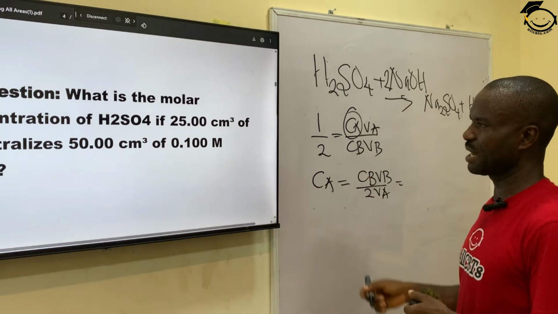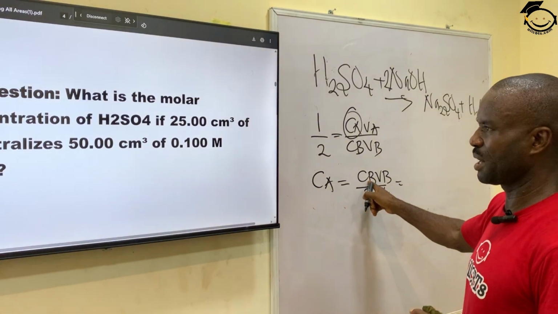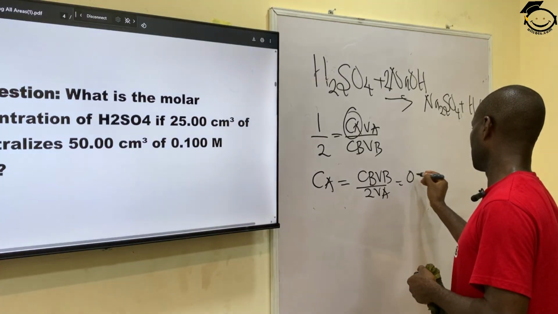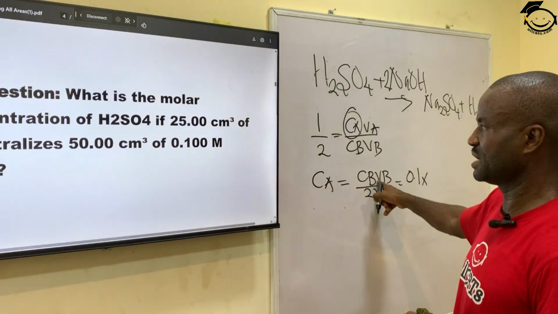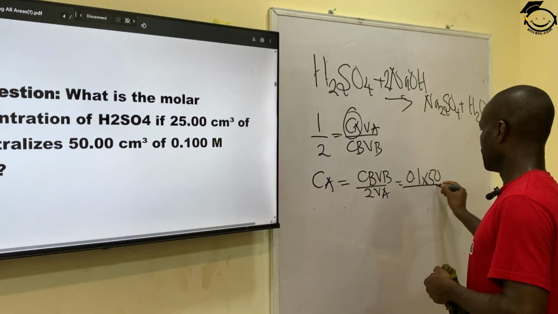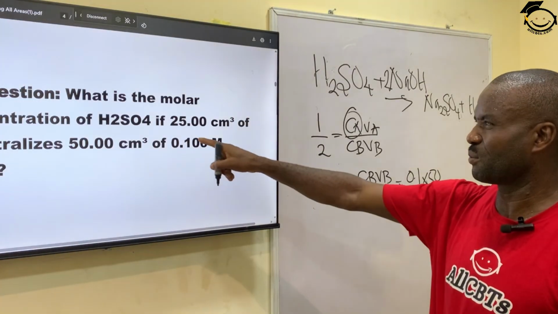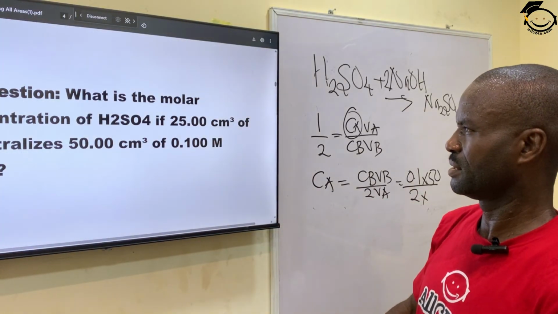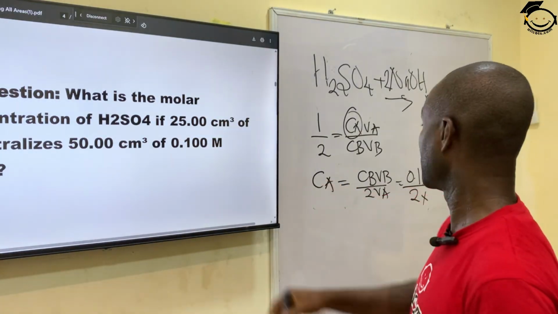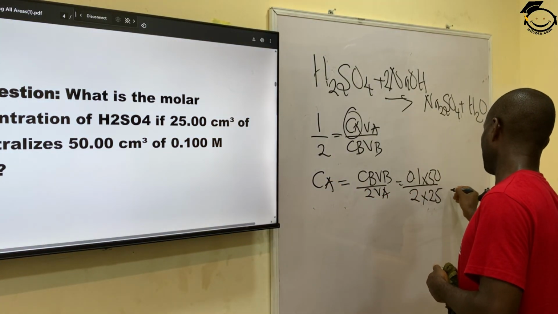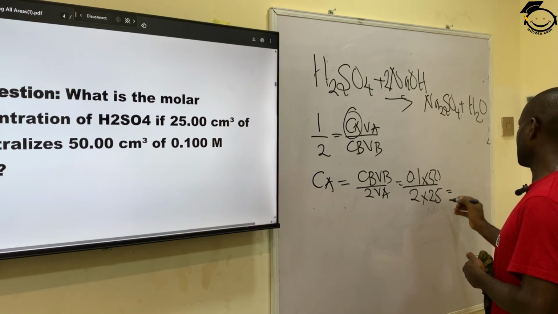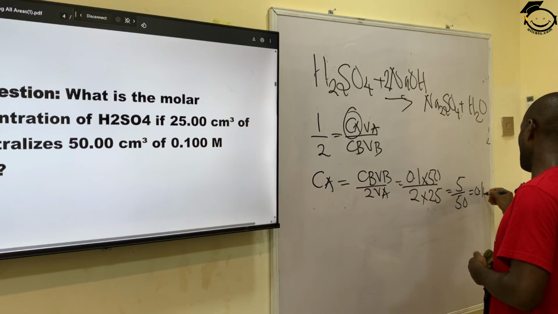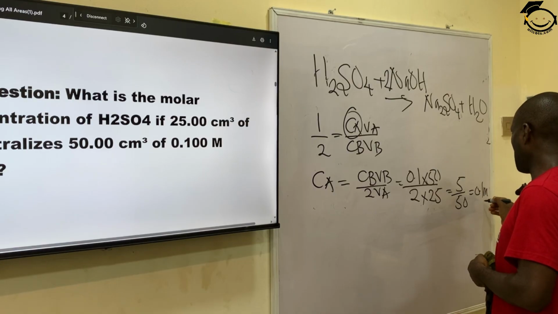So in this case, by the time we do substitution, Cb is the concentration of the base, which is 0.1, times the volume of the base, which is 50, over 2 times the volume of the acid, which is being given, 25. Multiplying this gives you 5 over 50, which is 0.1 molar, or 0.1 mole per dm cube.